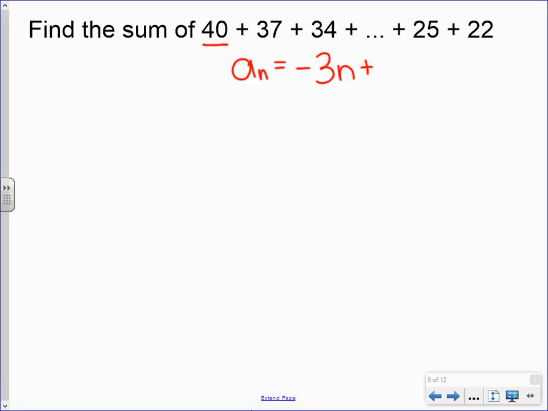Okay. How will that help us figure out how many terms we have? Darby? You can plug in 22 and solve for n. Okay, we know that 22 is our term. So which n value gives us 22?